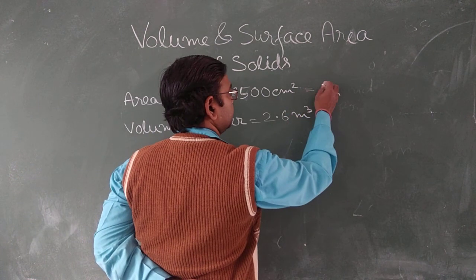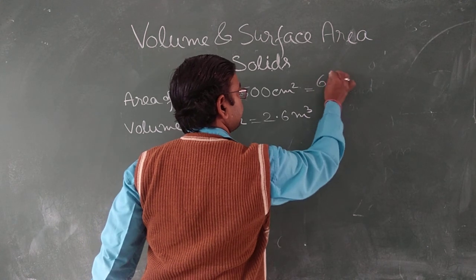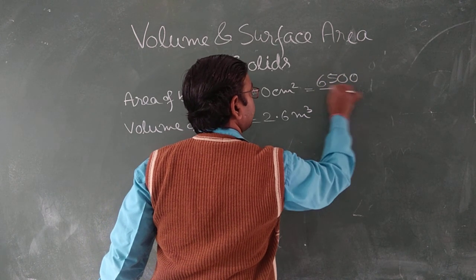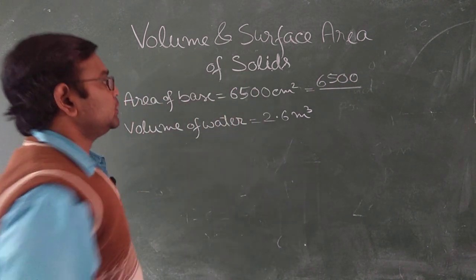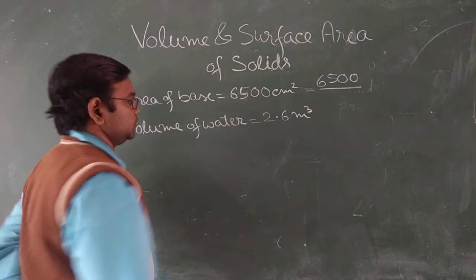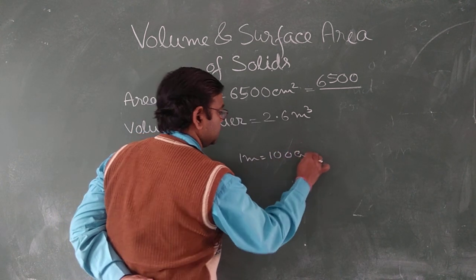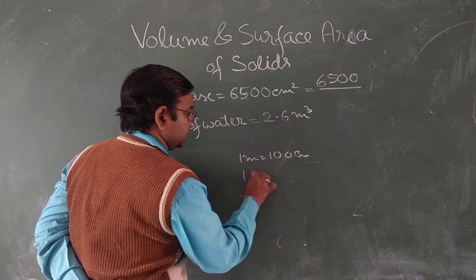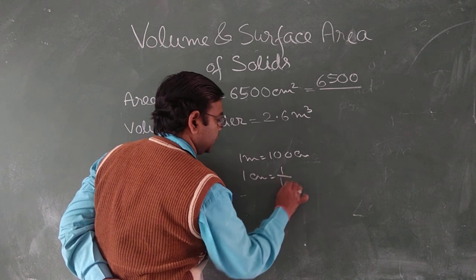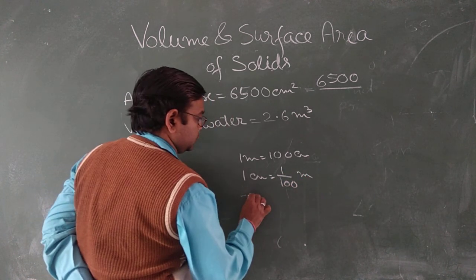As we know, in 1 meter we have 100 centimeter. So in 1 centimeter we have 1 upon 100 meter. Clear?